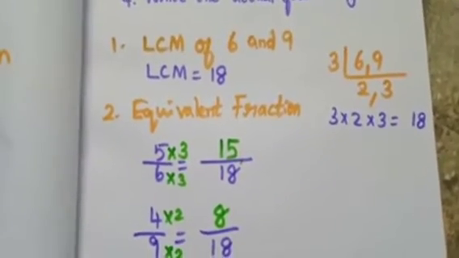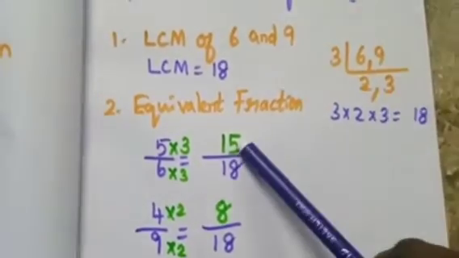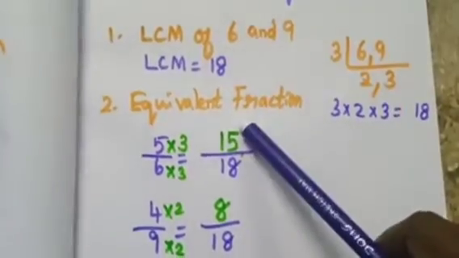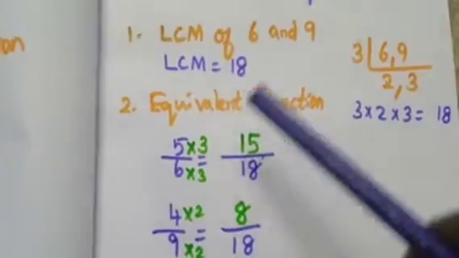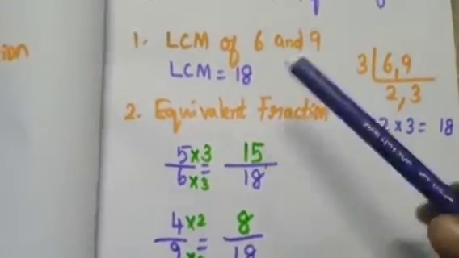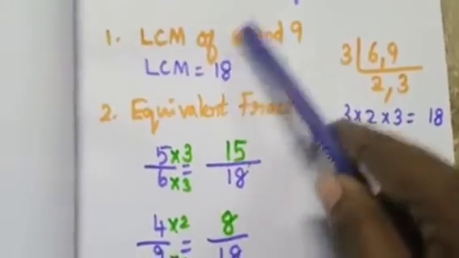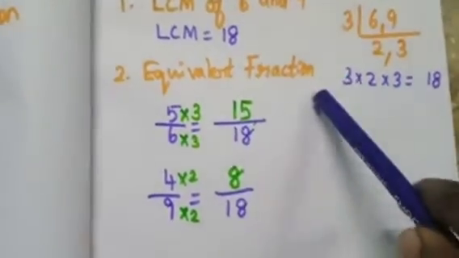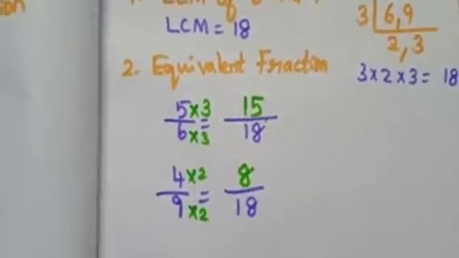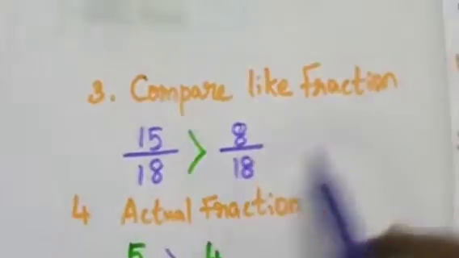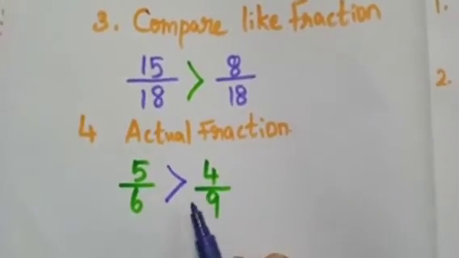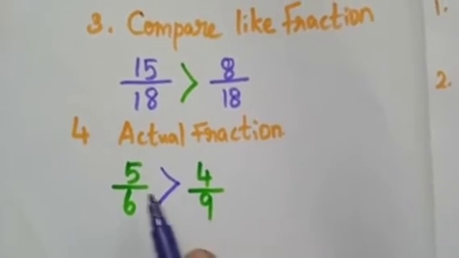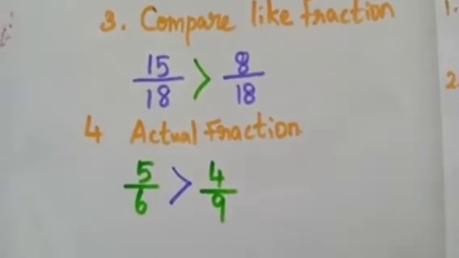So these are the steps involved in comparison of fractions with unlike numerator and unlike denominators. Are you clear?